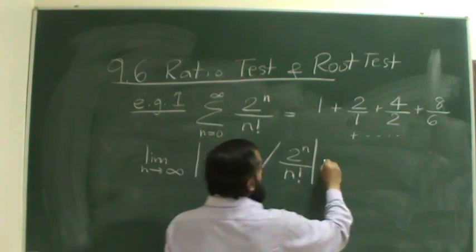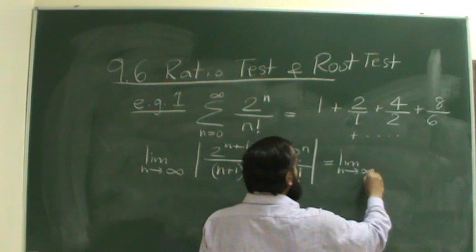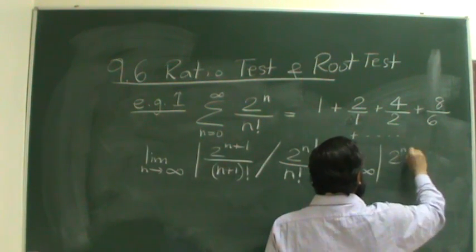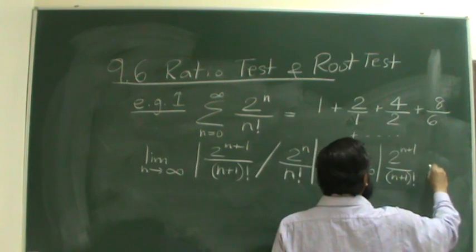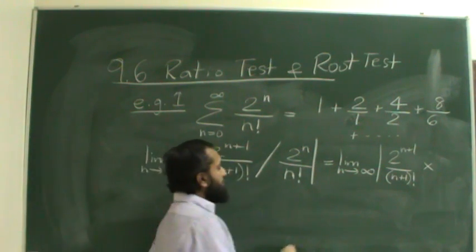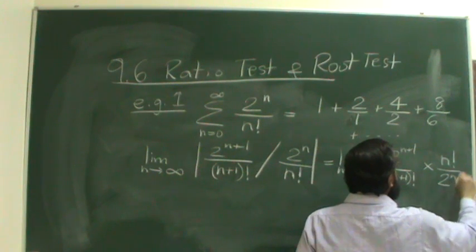This simplifies. Limit as n goes to infinity. We divide by the ratio, so we flip the ratio and multiply. We have n factorial over 2 to the n.